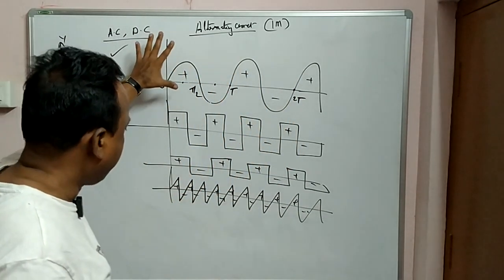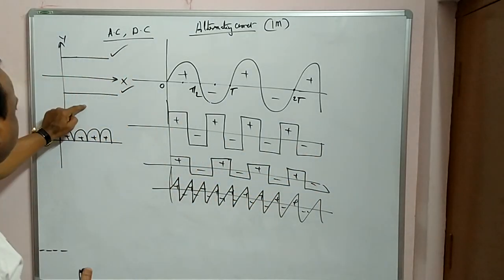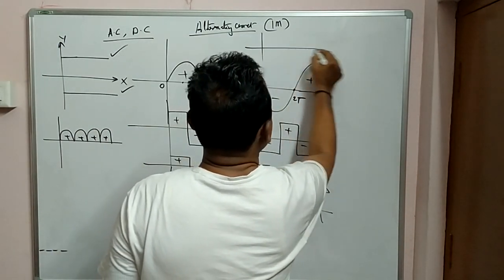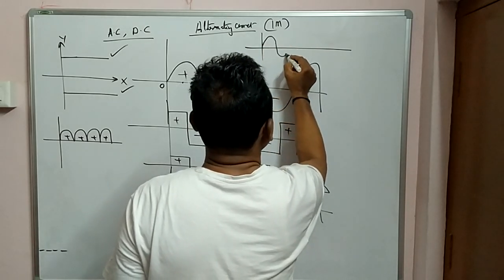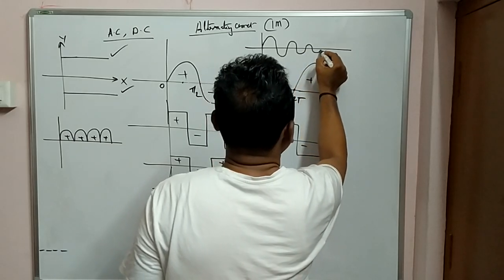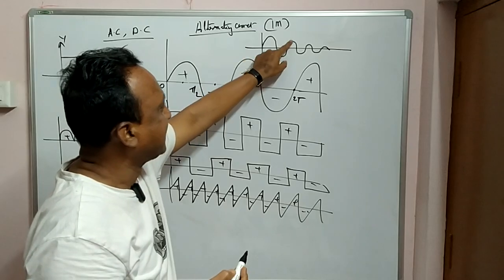Here you can observe all these are alternating diagrams, and this is direct. Sometimes it will be confusing. Suppose the graph is given in this fashion. Observe carefully: the amplitude is gradually decreasing.